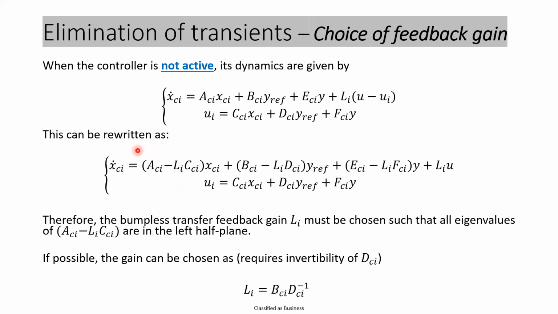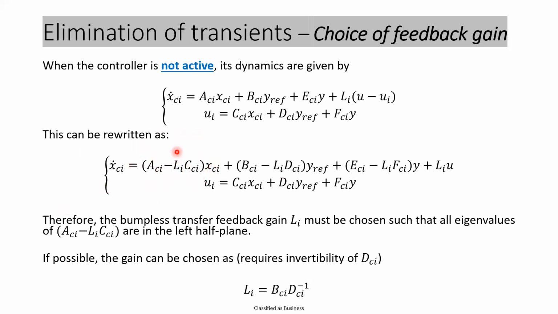Observability means that eigenvalues can be selected wherever you want. Detectability means that those eigenvalues in the right side, which are unstable, you can place wherever you want, but some of the eigenvalues can be non-observable, as long as they are already stable. So that's something from before. You know that Ai and Ci should be detectable in order to have this condition fulfilled, which means that the eigenvalues can be selected in the left side.